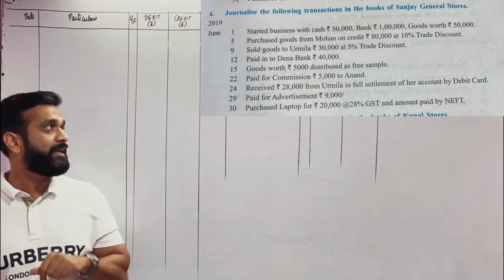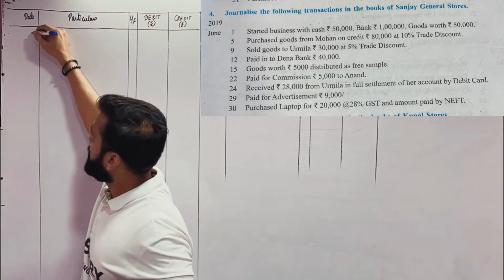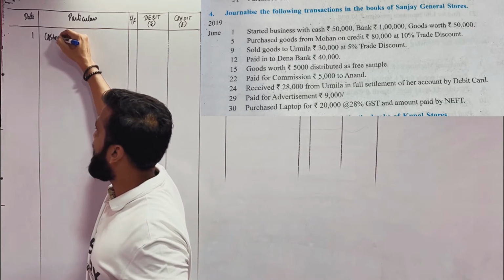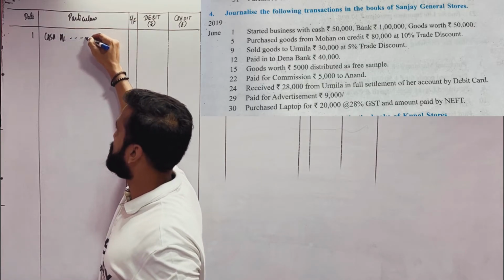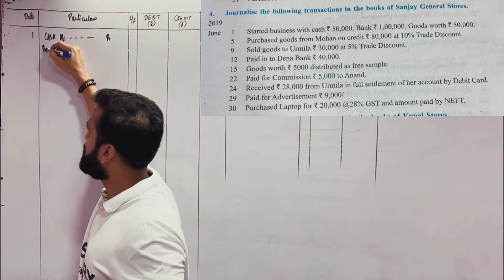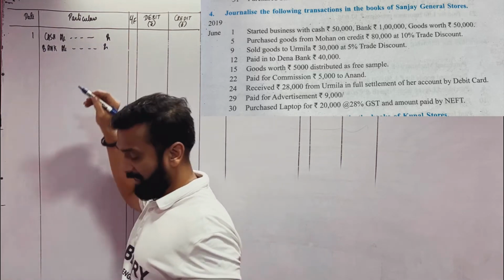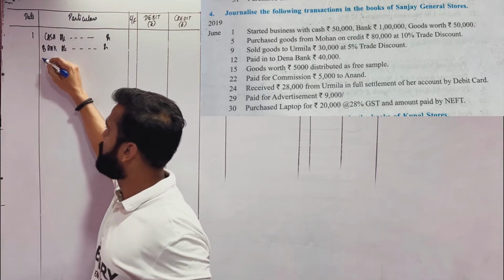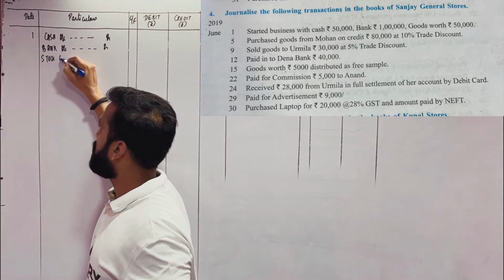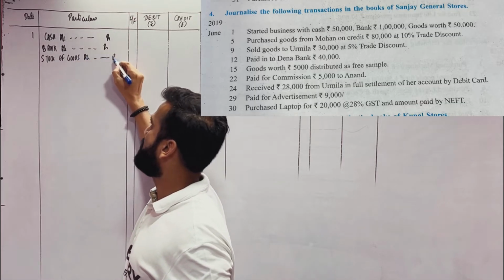So the first entry of this transaction will be here. First, cash comes in, cash account debit. Then it is bank account debit. Then it is stock of goods account debit.